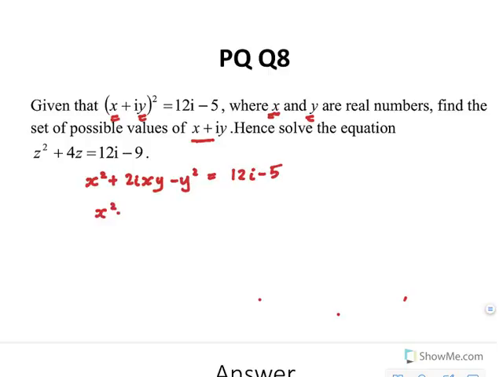If we split the real and imaginary parts, this will be the real part, and the imaginary part will be i of 2xy, equals 12i − 5.